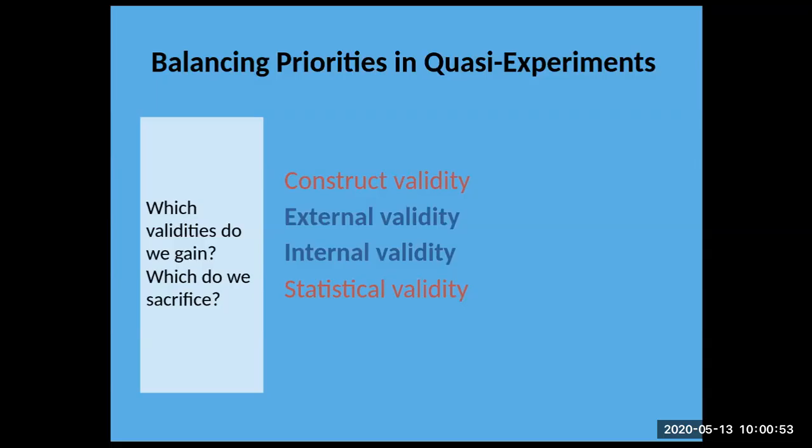So we're trying to gain as much internal validity as possible, but we lose a little bit, of course, because we can't truly randomly assign. And match groups, we can match, but you're still not getting full internal validity. We are not sacrificing construct or statistical because those are mainstays. Those have to stay really good.